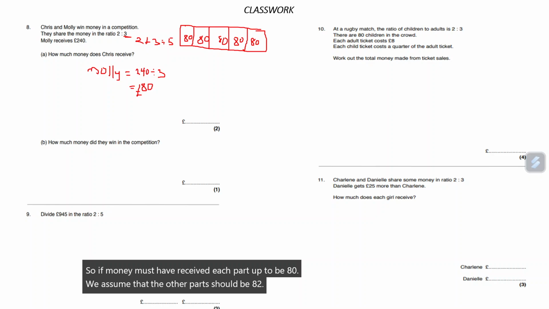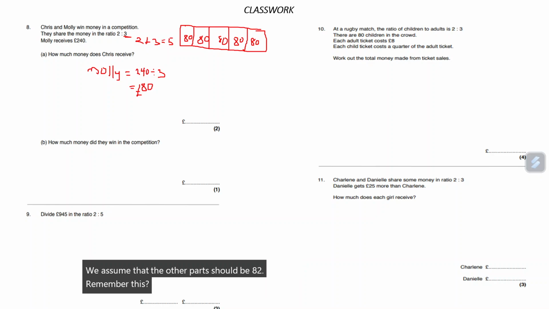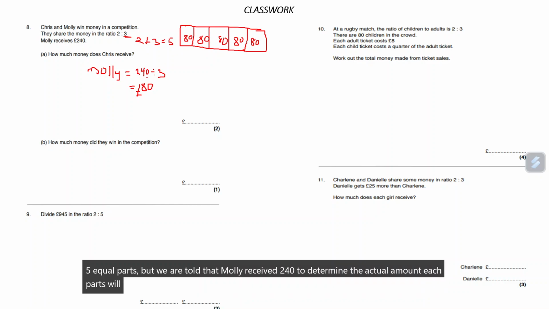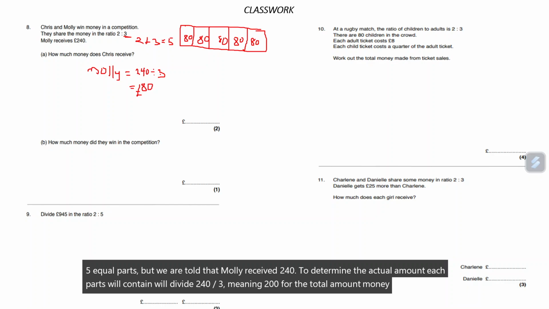Remember, the money has been shared into 5 equal parts, but we are told that Molly received 240. To determine the actual amount each part contains, we divide 240 by 3, and for the total amount Molly received, you divide it by her 3 parts.